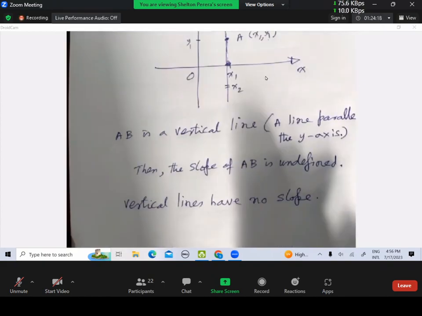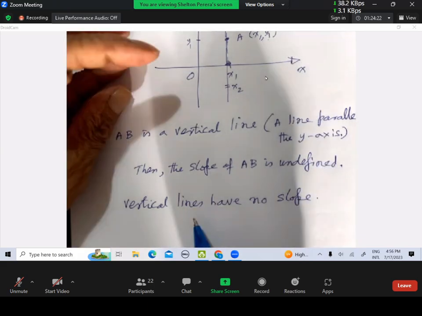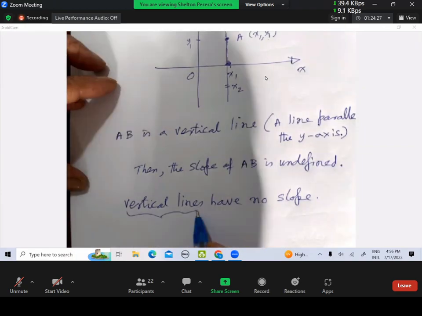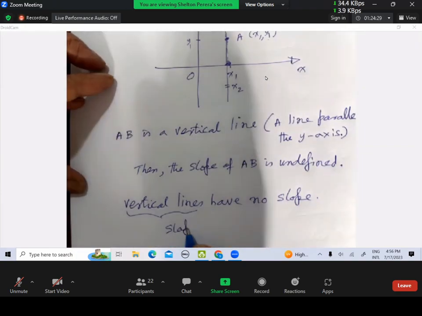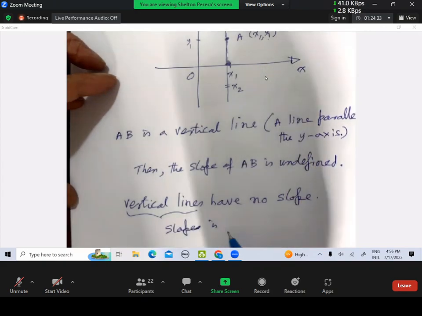Vertical lines have no slope. In fact, for a vertical line, slope is undefined.